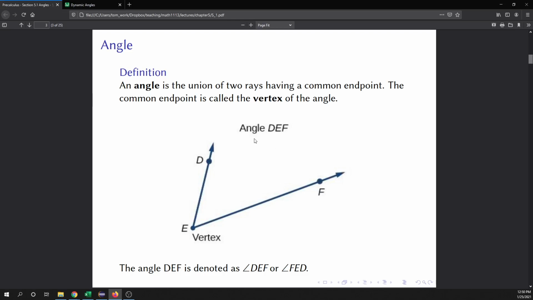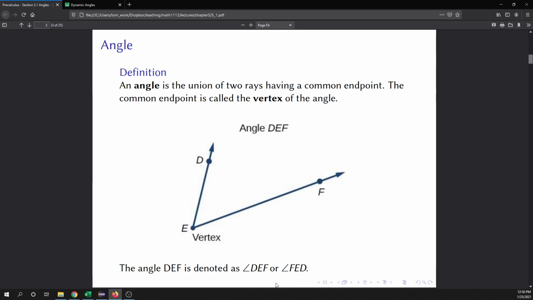We will deal with angles quite a bit in this class, and the way that you denote an angle is with three letters. Say you have rays ED and EF. This angle can be denoted as angle DEF, with the little angle symbol, or it can also be referred to as angle FED.